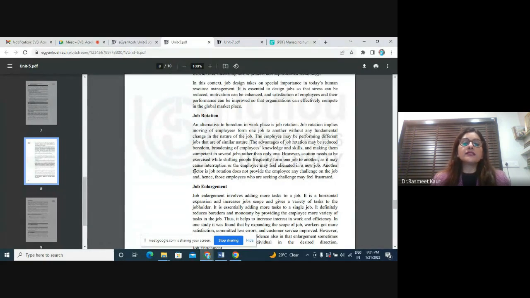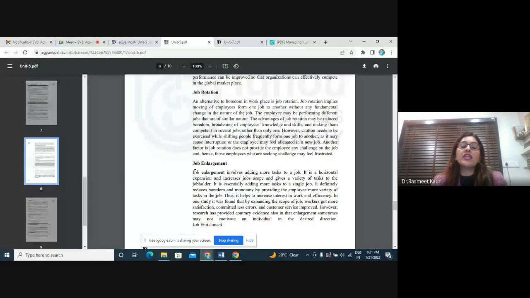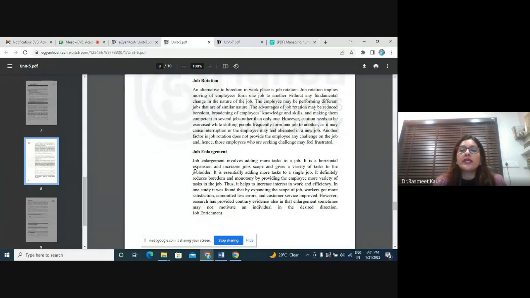The HR employees working in a bank are asked to rotate themselves for different jobs of the bank. It is also beneficial for the bank that if any HR is on leave, the work will not come to an end. Another HR from the organization can replace that HR and do that work. So job rotation is practiced from the employee's point of view to avoid boredom and to make him learn different natures of job.